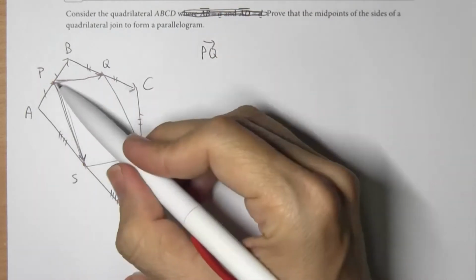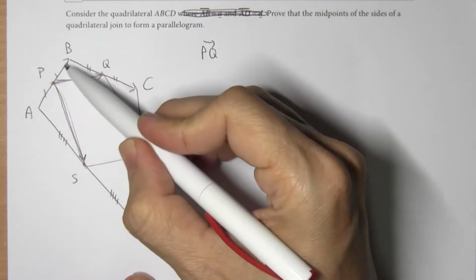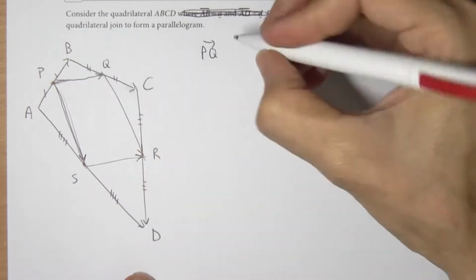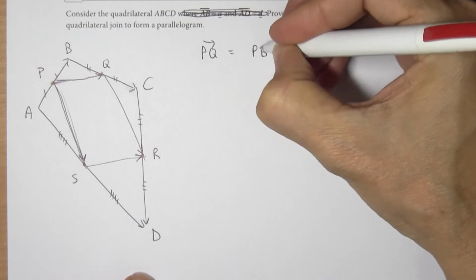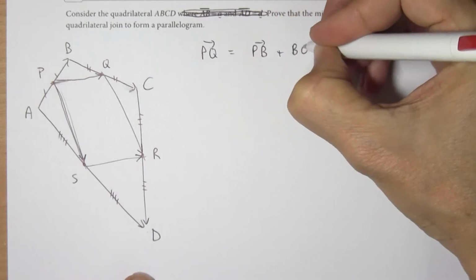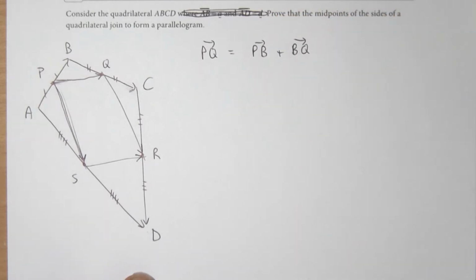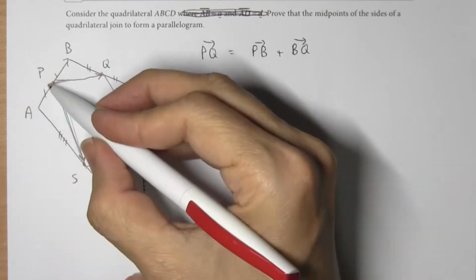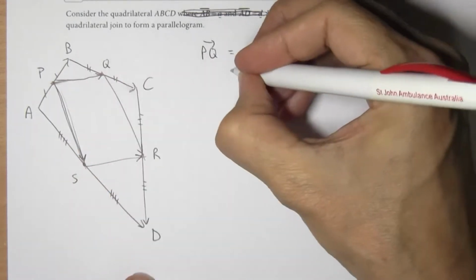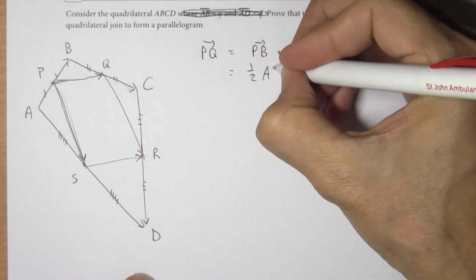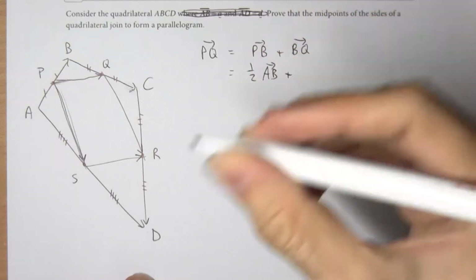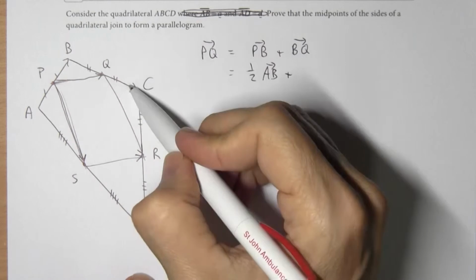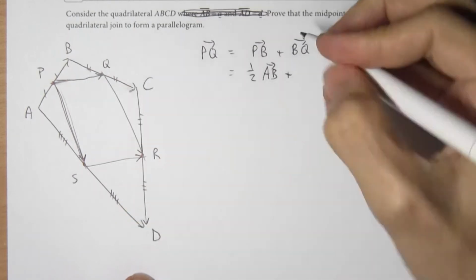The vector PQ I can get by going from P to B and then B to Q. PB plus BQ. But P is the midpoint of AB, so that's a half AB. And Q is the midpoint of BC, so that's a half of BC.